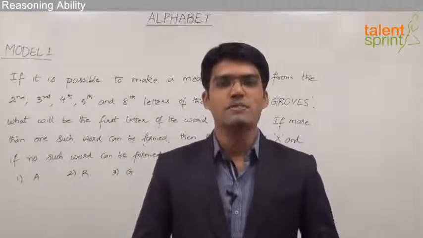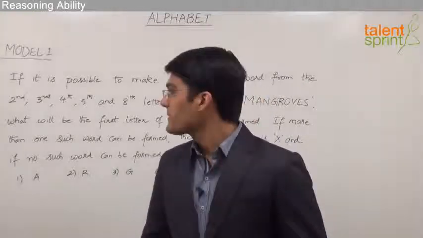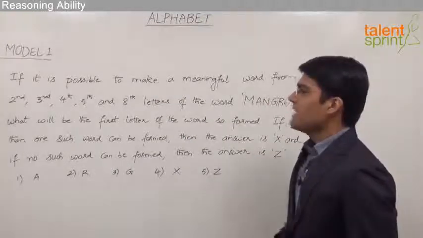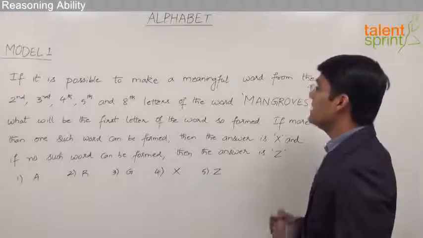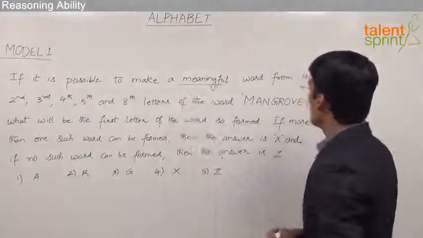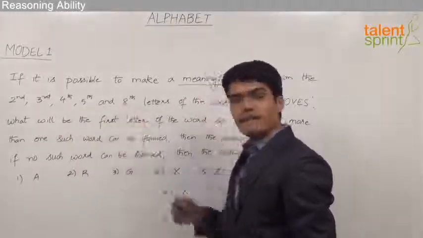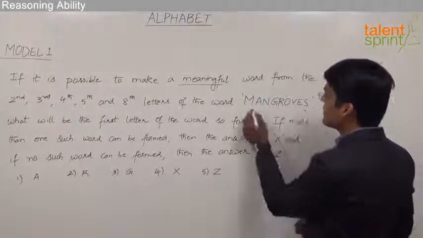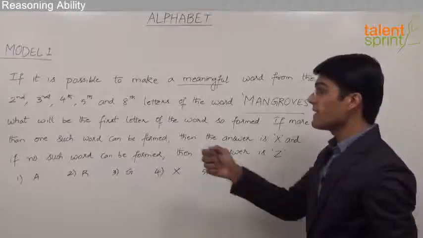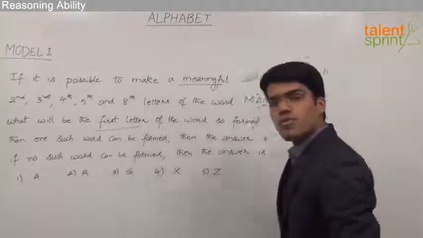Let us now look at the first model from this topic. The question here is, if it is possible to make a meaningful word from the second, third, fourth, fifth and eighth letters of the word mangroves, what will be the first letter of the word so formed?